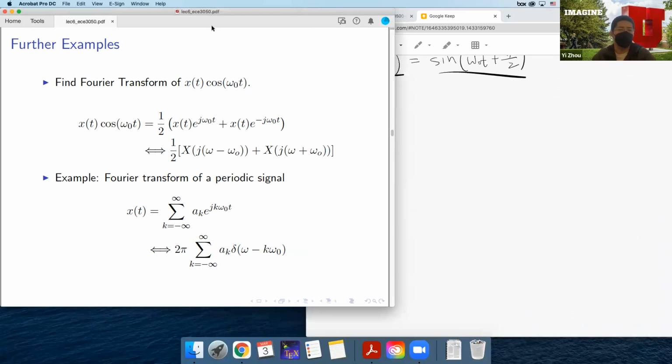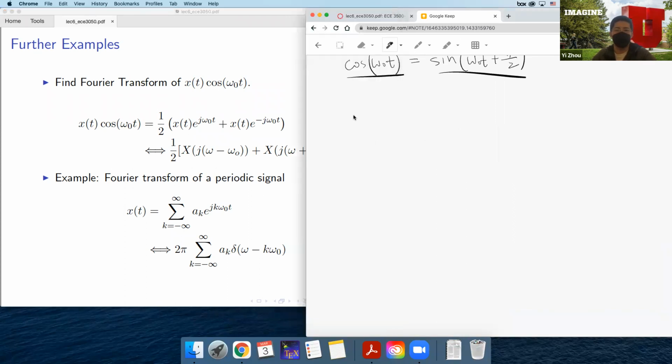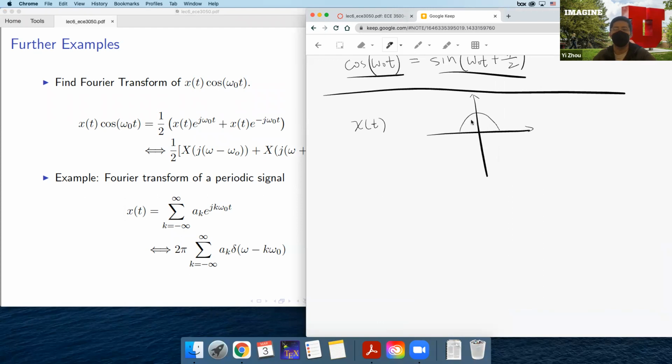Therefore, you can see that, for example, if my original signal has a certain spectrum in the low frequency region, and then after modulation, the resulting spectrum is given by two parts.